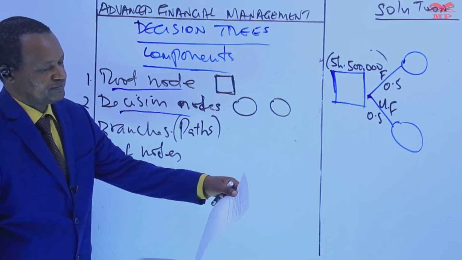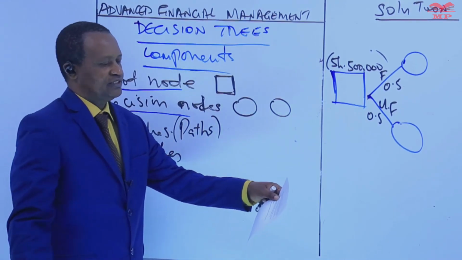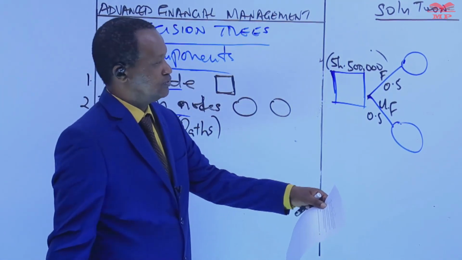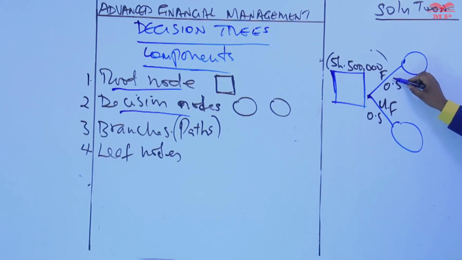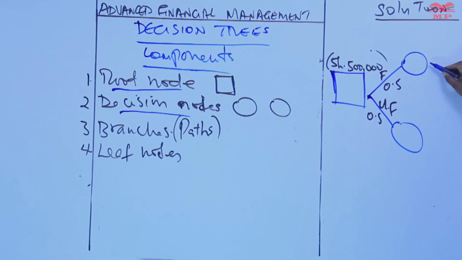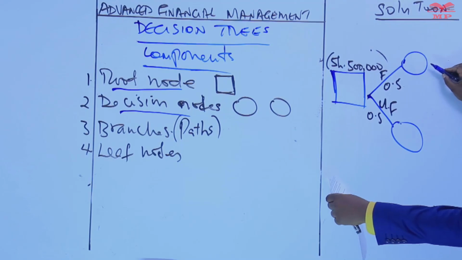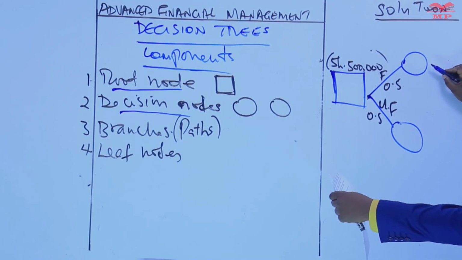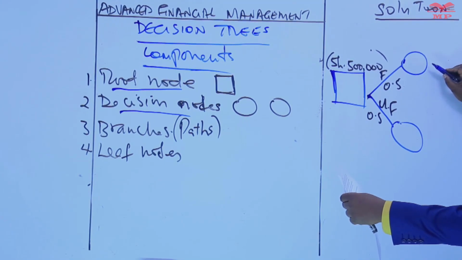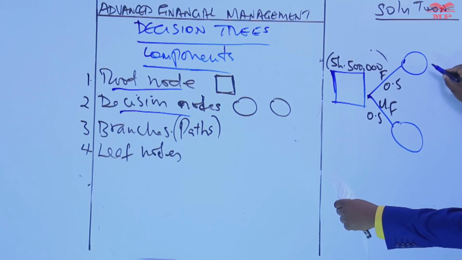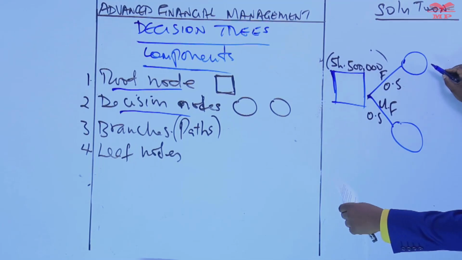Let's proceed. If the market response is favorable, this route, we are taking the first route. If it's favorable, what happens? If the market response is favorable, there is a 70% probability of generating 800,000 mafarangas or shillings, and 30% probability of generating 400,000.